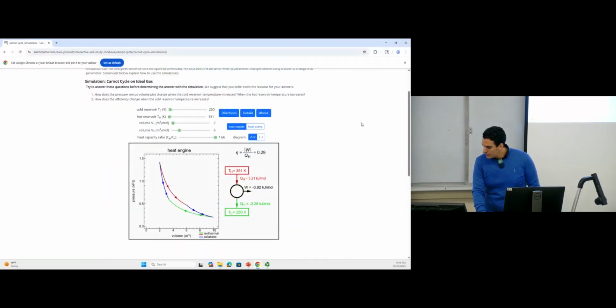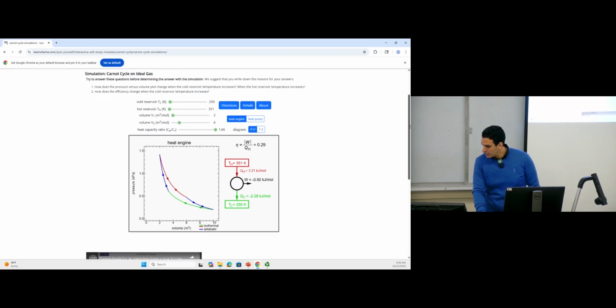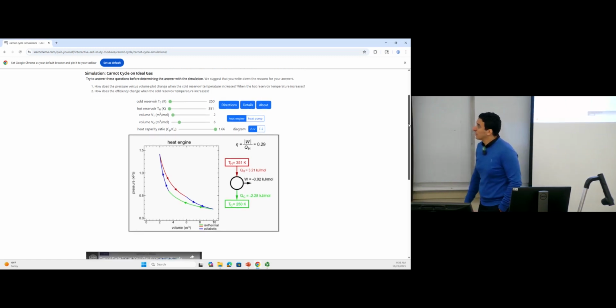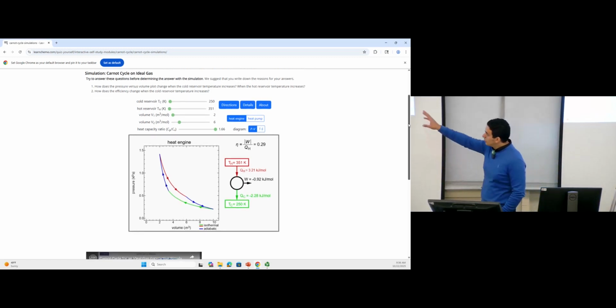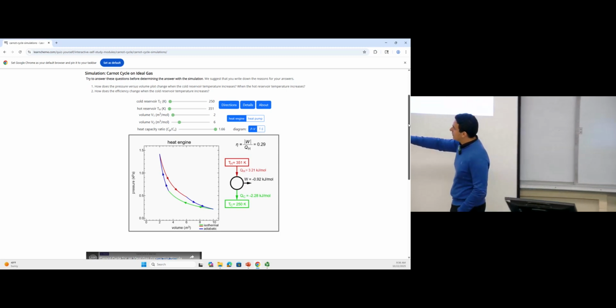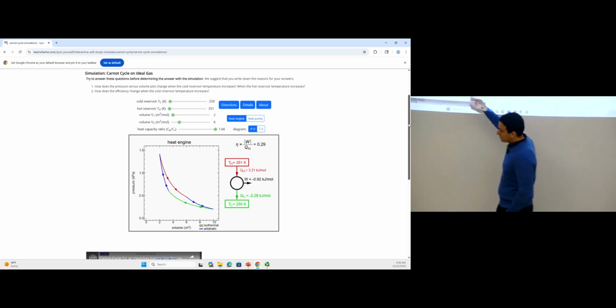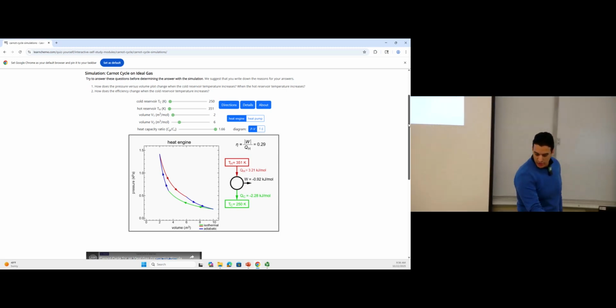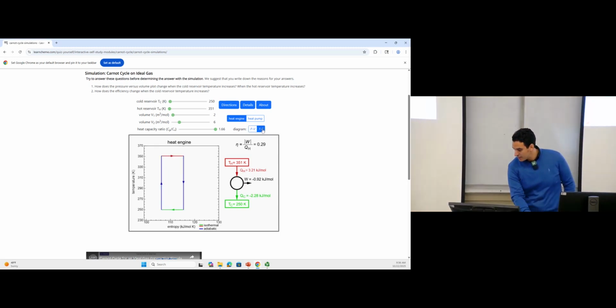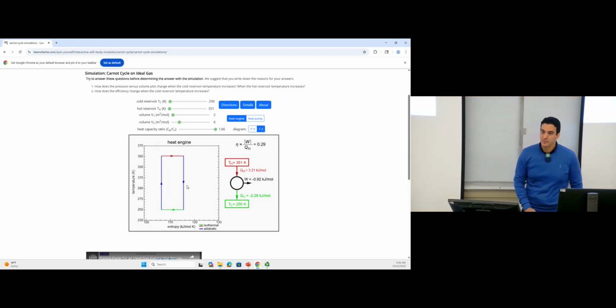So if we look at this simulation of Carnot cycle efficiency, this is the Carnot cycle for an ideal gas, and again you can have the representation as PV, pressure volume, or on this website you can have the presentation as a TS diagram.